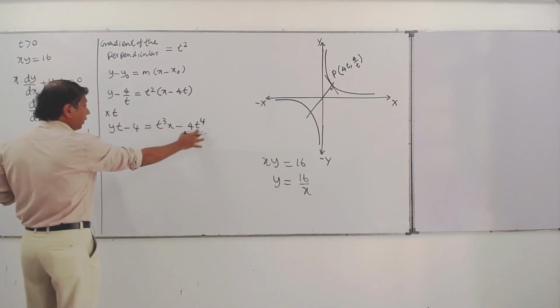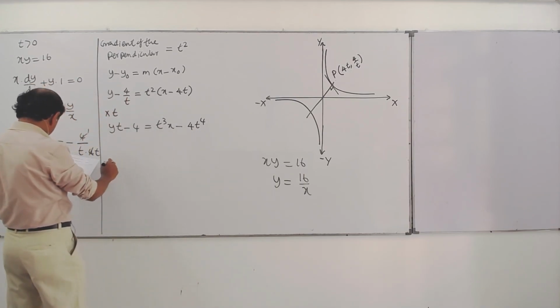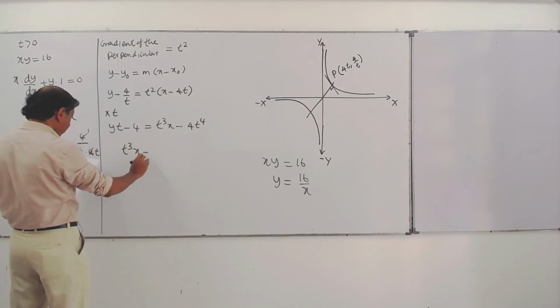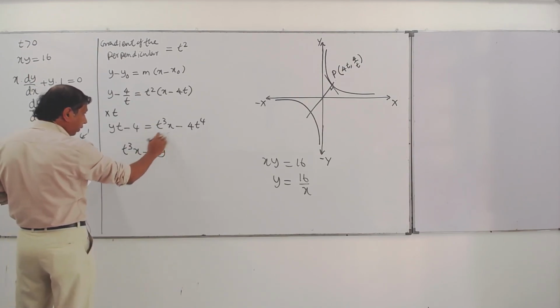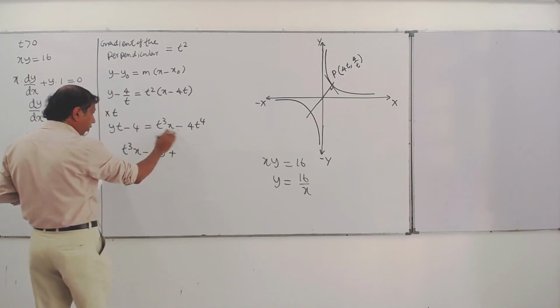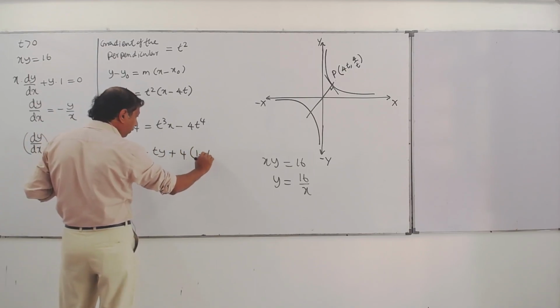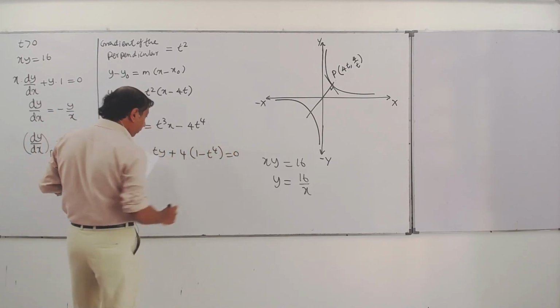Take all terms to the right hand side, then we get t cubed x minus ty, and take the 4 out, 1 minus t to the 4 equals 0, right?